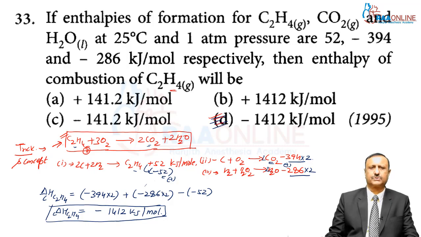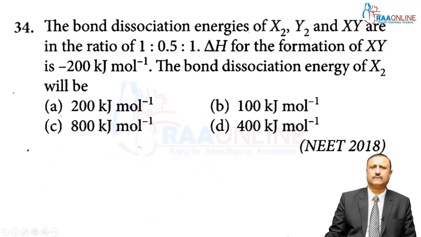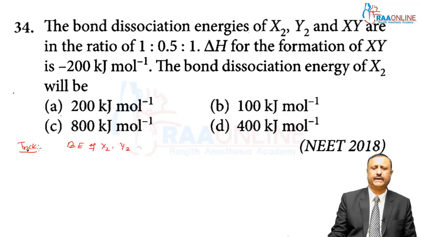Now we can go to question number 34. The bond dissociation energies of X2, Y2 and XY are in the ratio of 1:0.5:1, and delta H for the formation of XY is minus 200 kilojoule. The bond dissociation energy of X2 will be? Here what is the trick which we apply? Bond enthalpy of X2, Y2 and XY.